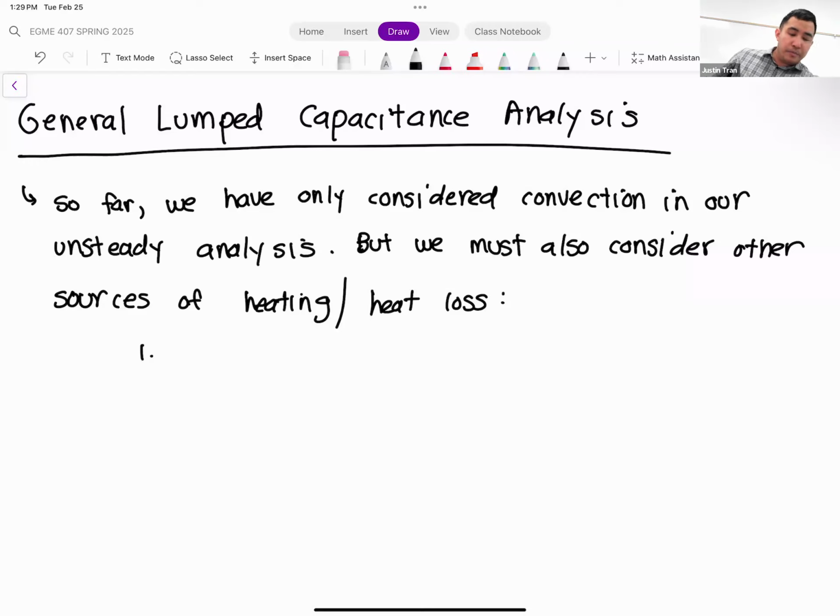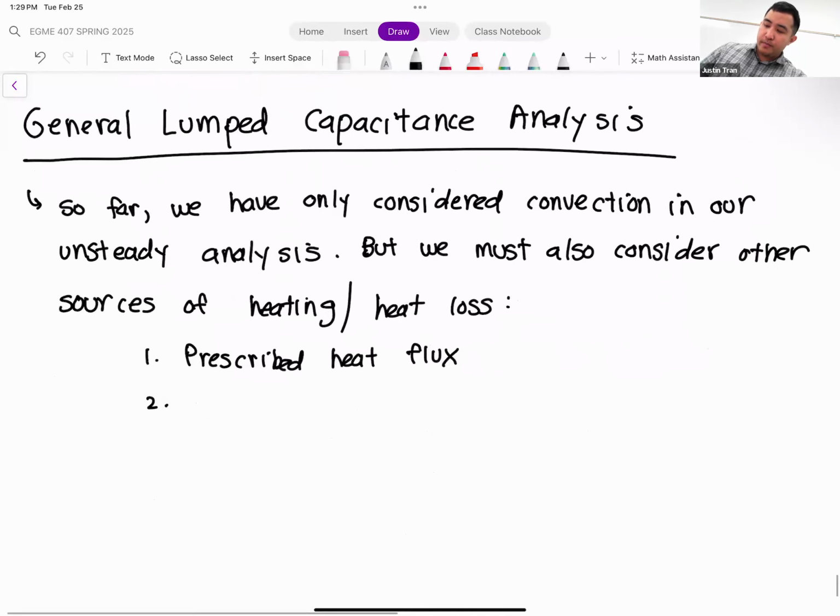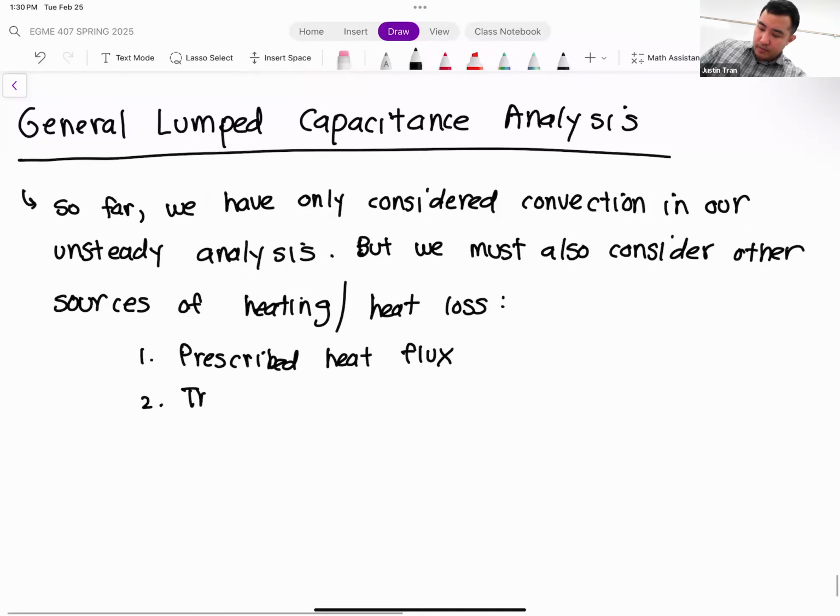Some examples of this would be maybe a prescribed heat flux, maybe thermal generation, and third, radiation.